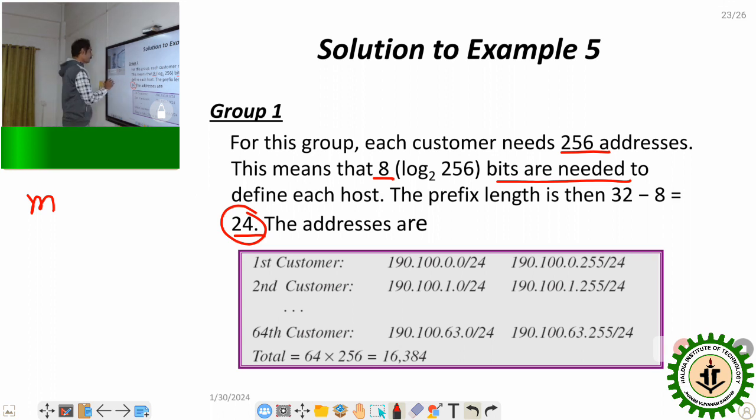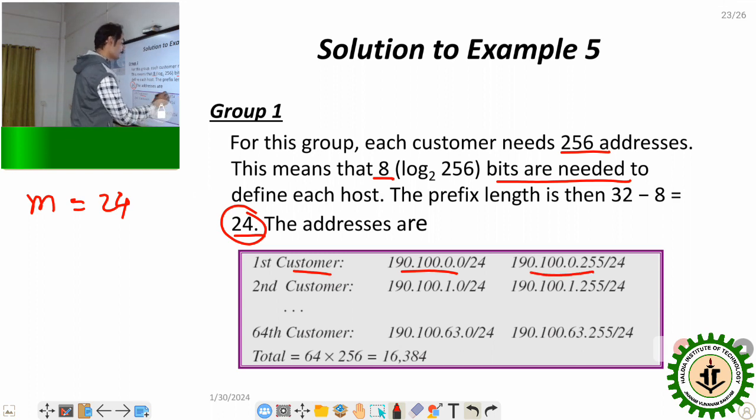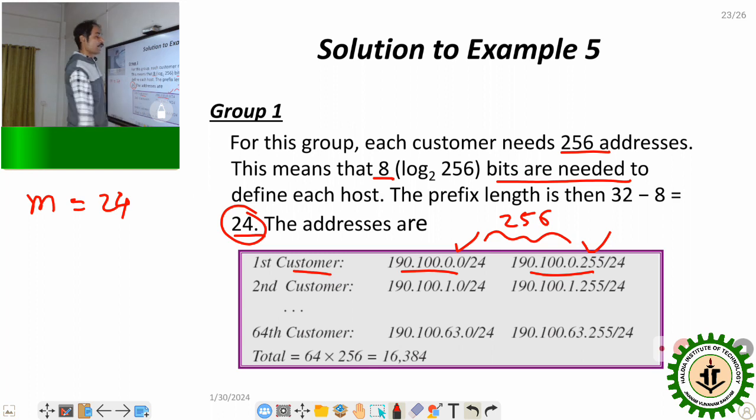So that's why here the m value will be 24. And for the first customer, it will have 190.100.0.0/24, and up to 256, because starting with 0 and ending at 255, this range is covering 256 addresses, and this is true for all 64 customers.